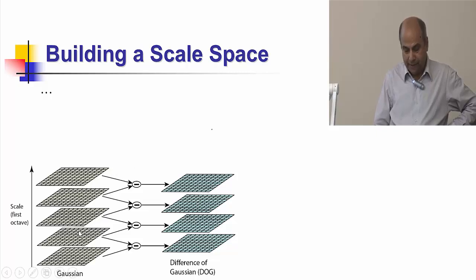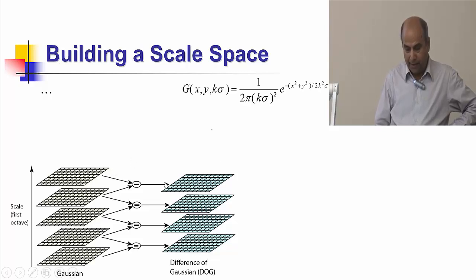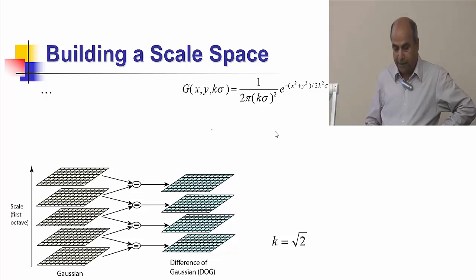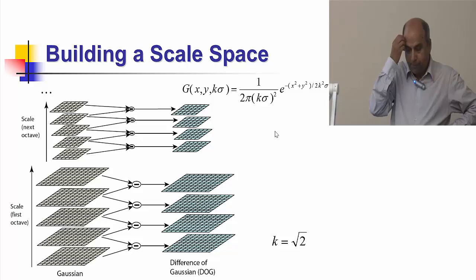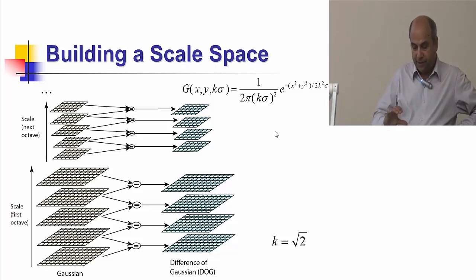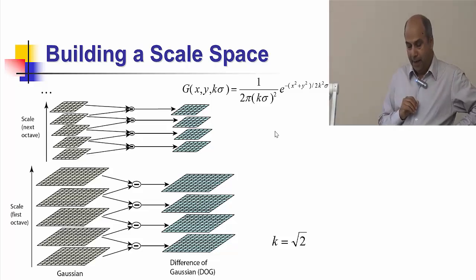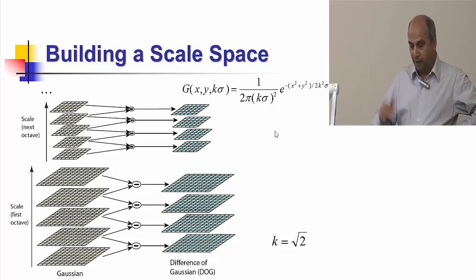And this is your Gaussian filter, as you know, and the starting k we will take as square root of 2. Then this is one level, and then we will do the subsampling and reduce the resolution by half in x and half in y.